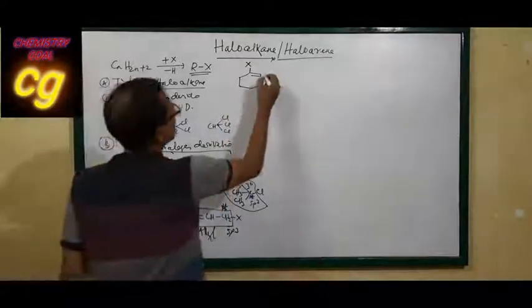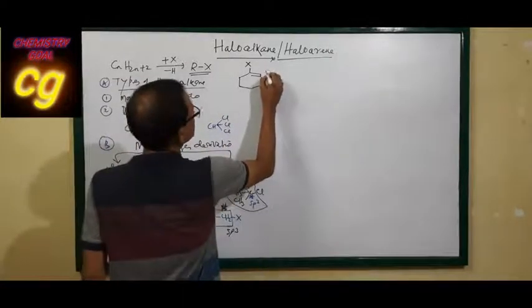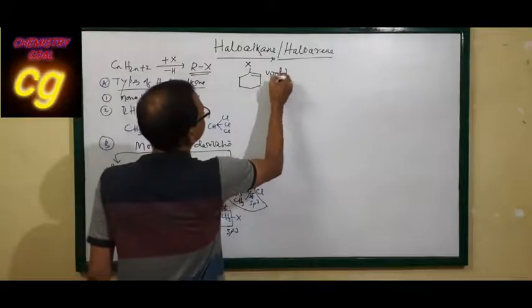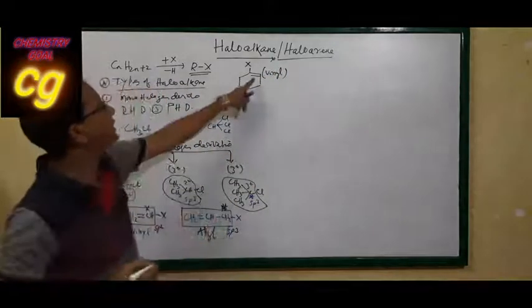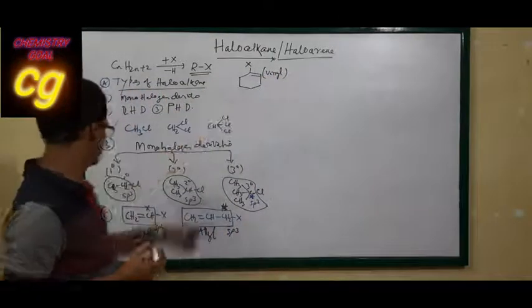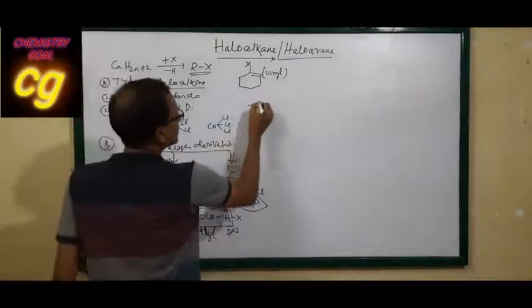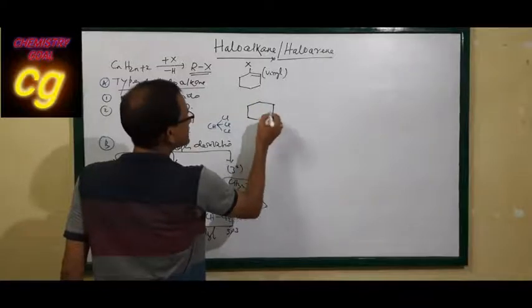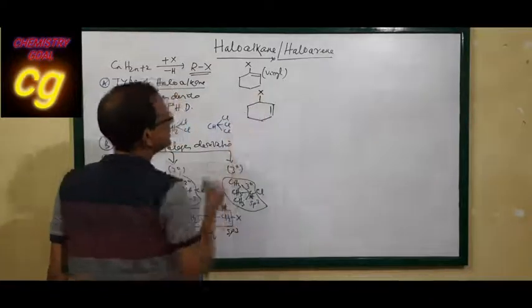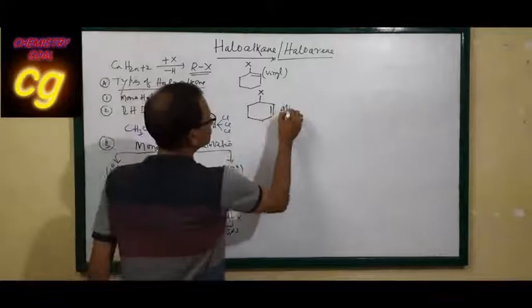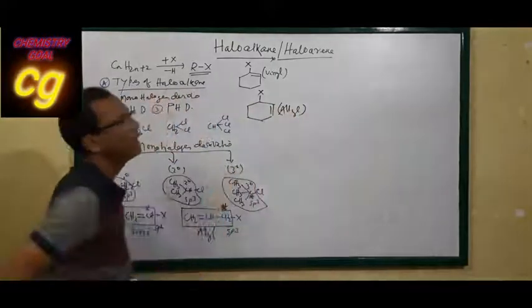It is also vinylic. This carbon also has a vinyl group, attached to a double bond, then X, double bond, then X. So it is vinyl. But if it is like this, it is allyl. It is also allyl.